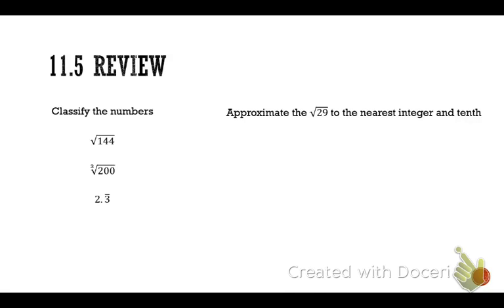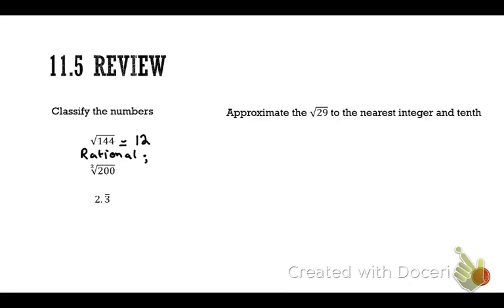When I see the square root of 144, is that a perfect square? Yes. Can I take the square root of 144? What is it? 12. Because I can take the square root, is this a rational or an irrational number? Rational. And what kind of rational number is it?